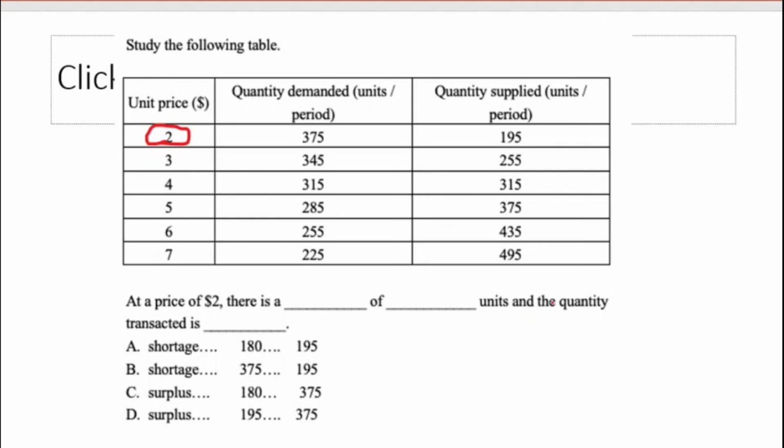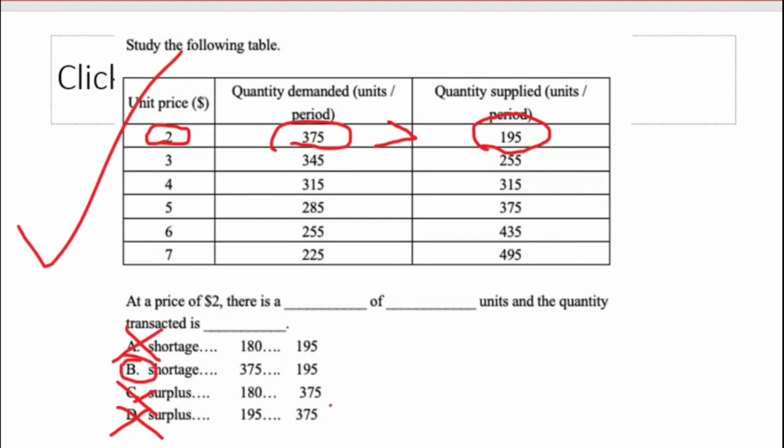There's a blank of blank. 75 and 195. Well, which is bigger? That's when the quantity demanded is greater than the quantity supplied. That's what you call shortage. So X for surplus here. And as you can see, which is larger, 75 or 195? This one, it's letter B. Correcto.